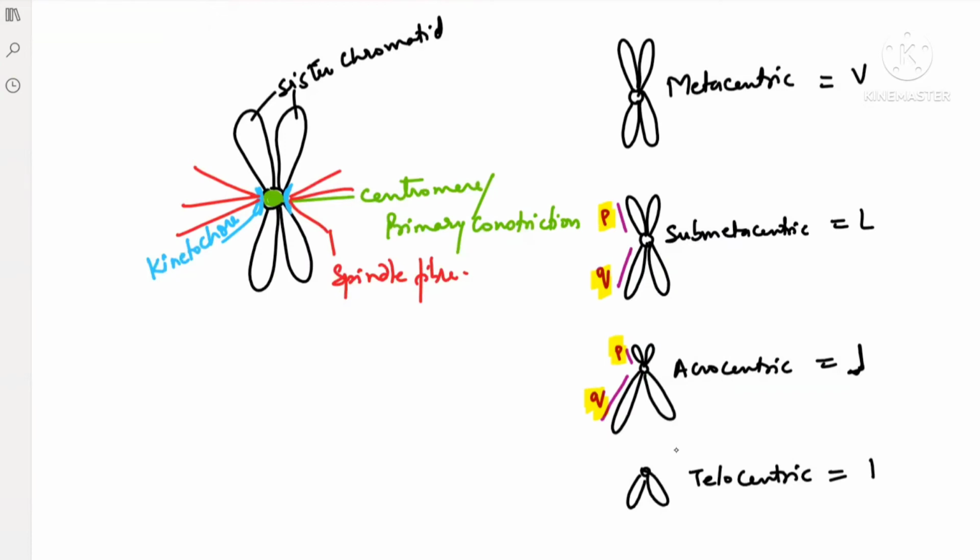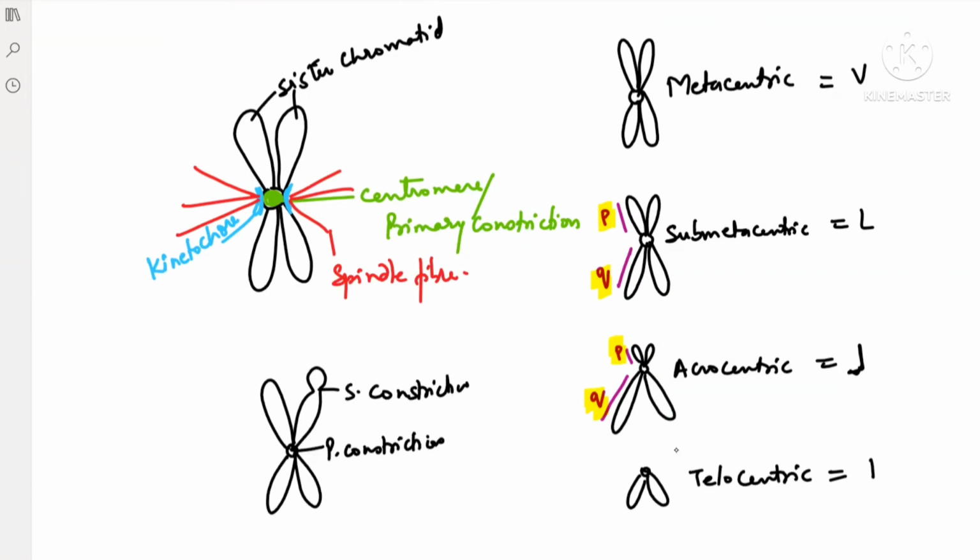Some chromosomes have an additional constriction. This is your primary constriction, and this is the secondary constriction.